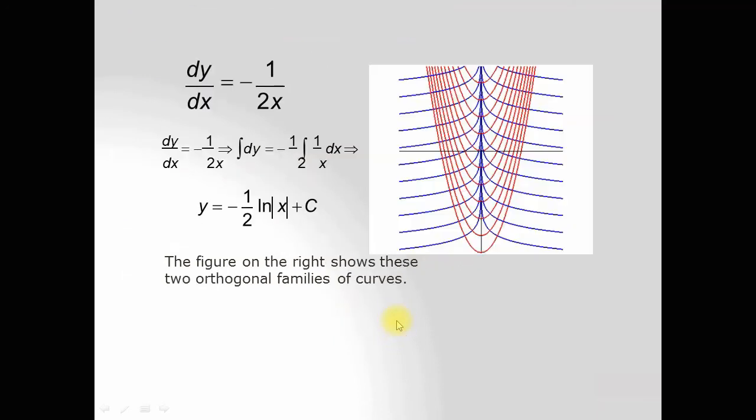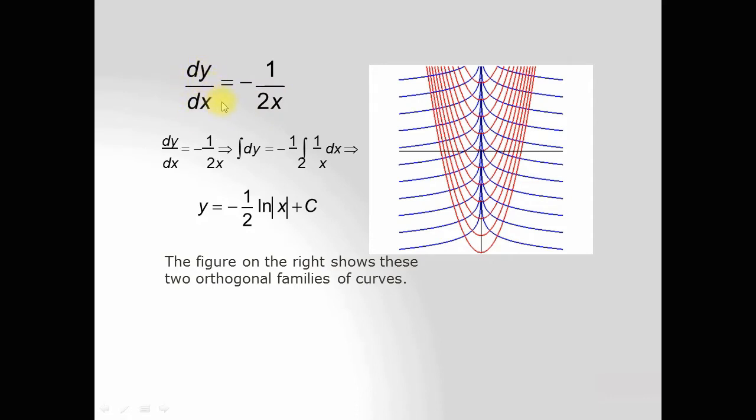Now by separation of variables we obtain dy = -1/2 times the integral of 1/x dx. First of all, separate the variables: join the dx operator with the 2x, so dx will not be in the denominator.